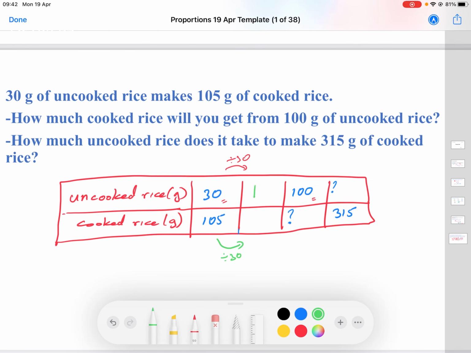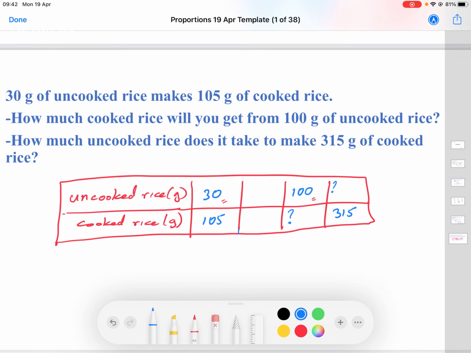It will be in decimal. Although, if you are confident with the decimal, you can still go with the unit rate. So we are going to use some familiar terms.